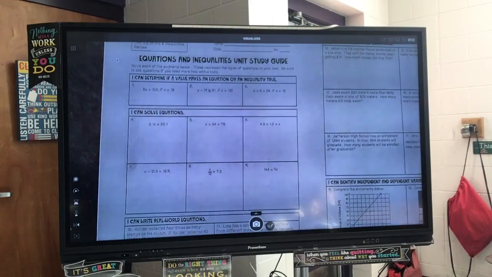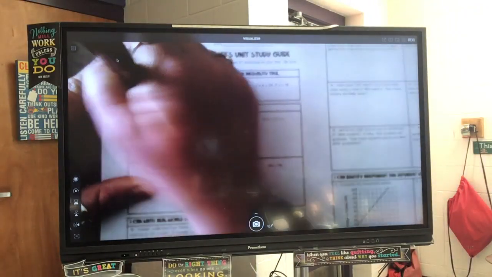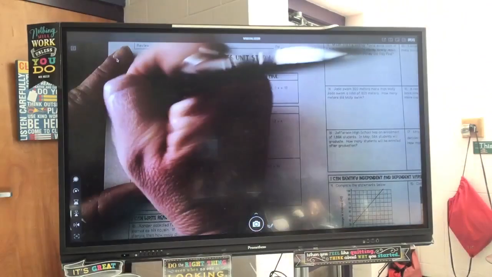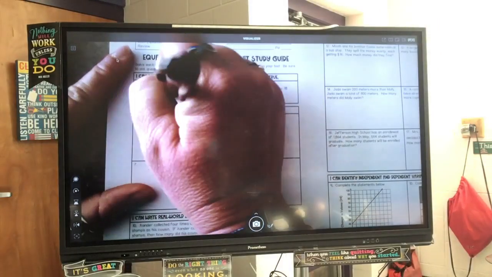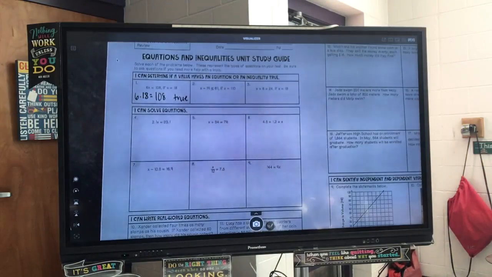So we have to do substitution. So we're gonna do 6 times, what, 18? And what does that give us? What's 6 times 18? Lily? 108. 108, so we know that this is a true answer, or true value for x.